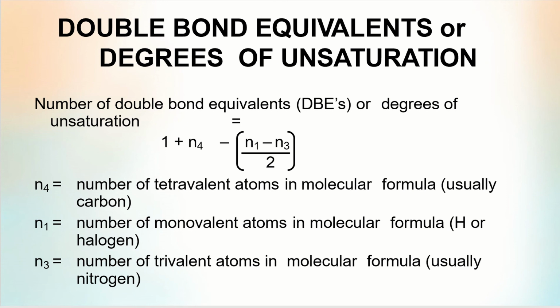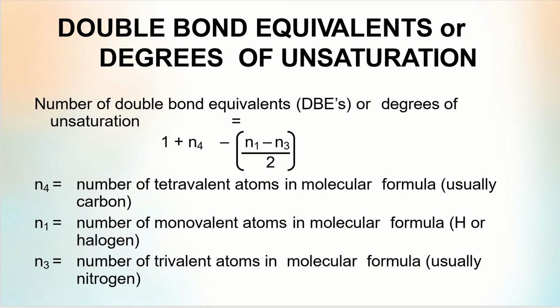So the formula is 1 plus N4 minus N1 minus N3 divided by 2. So what is N4? N4 is the number of tetravalent atoms in the molecular formula. And N1 is the number of monovalent atoms in the molecular formula. And N3 is the number of trivalent atoms in the molecular formula.